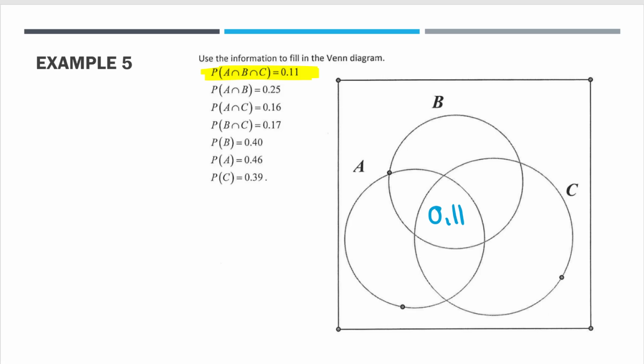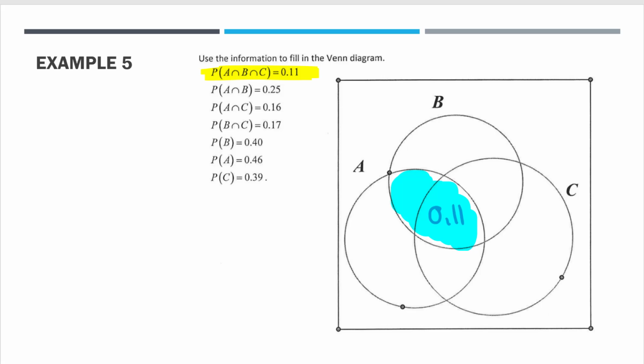In the next piece, we're told that the overlapping or the intersection between A and B is 0.25. So I'm just going to start by highlighting this. To give you a visual, the overlapping between A and B is this highlighted part in blue.